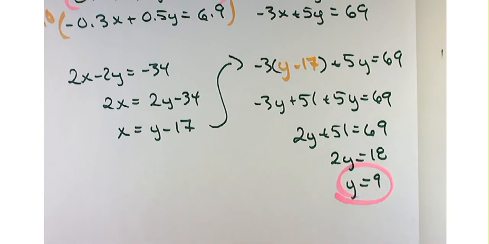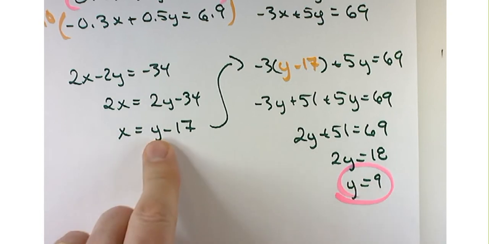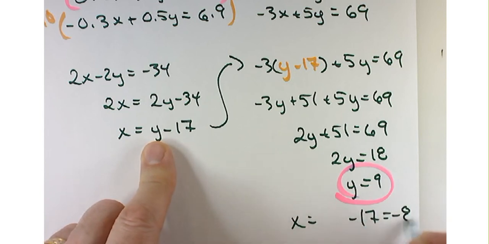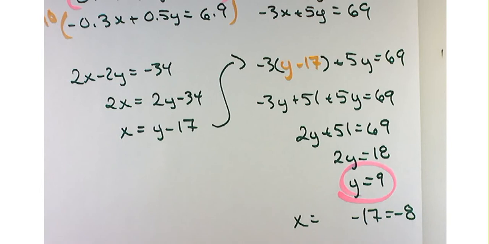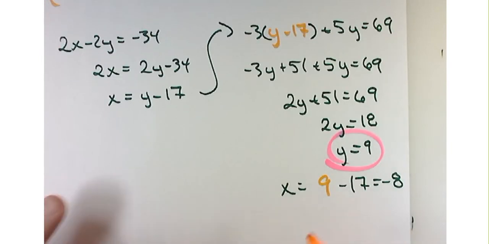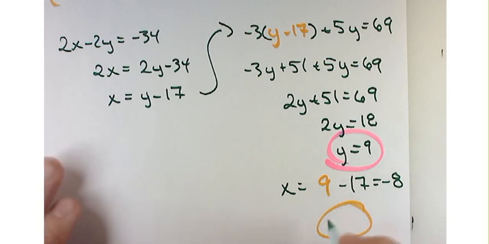Beautiful. If y is 9, I can plug that back in here. x is 9 minus 17, which gives me negative 8. So x equals negative 8. That's the other part of my solution.